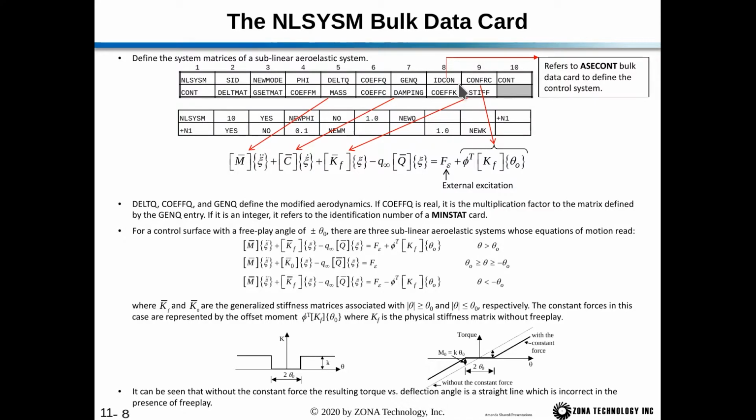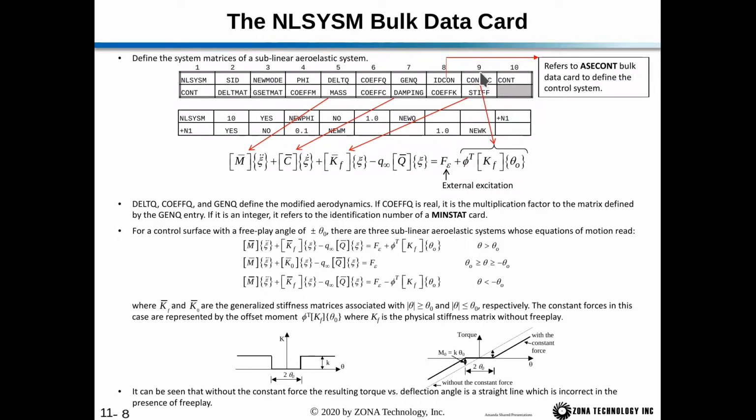Next, for the con force and for a control surface with a Freeplay angle plus or minus theta naught, there are three sublinear aeroelastic systems given here. So we have this constant force that we need to introduce, and that constant force is given here.